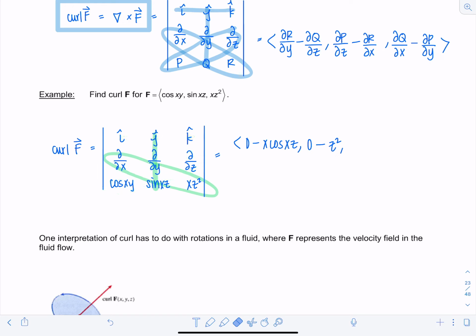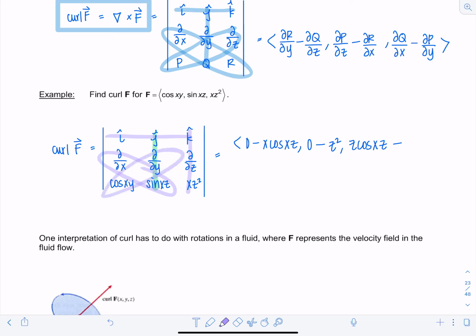And then let's move on. Last one. We're going to have the partial derivative of sine of xz with respect to x. So by the chain rule, I'm going to have to multiply by z. And then I'll have z cosine of xz minus, and now I'm going to take the partial derivative of cosine xy with respect to y.